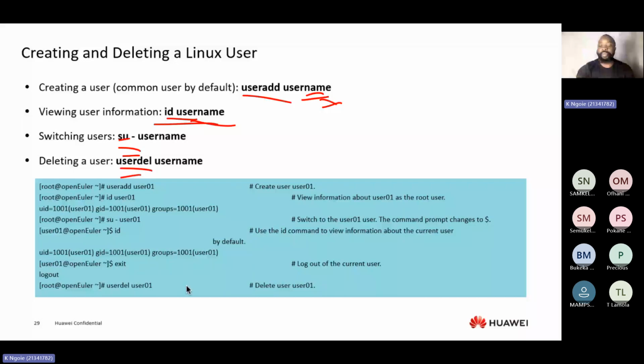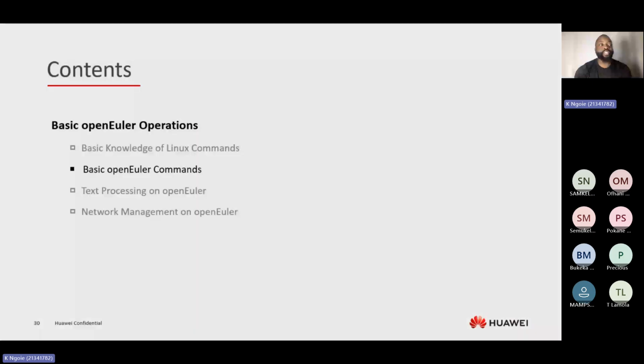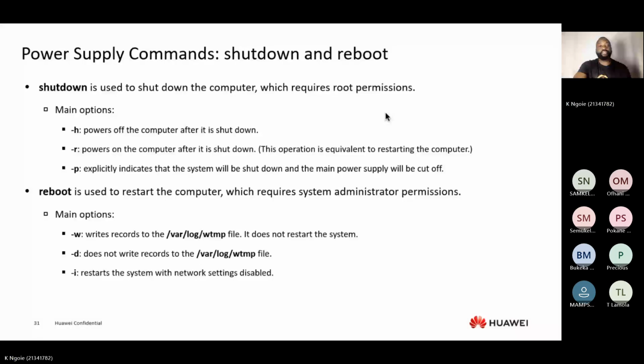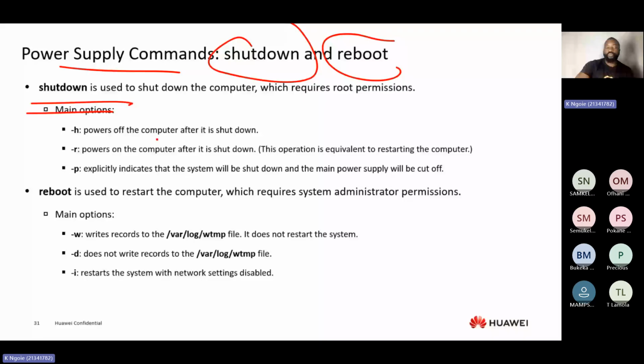So we have basic operations, basic commands, where we're going to have power supply commands, which will help you to shut down or reboot the system. So to shut down the system, you have, for example, the command halt, which will power off the computer after it shuts down.